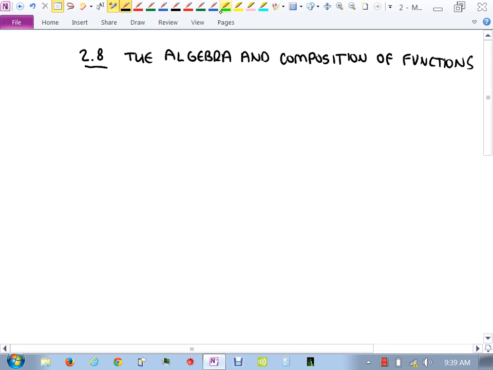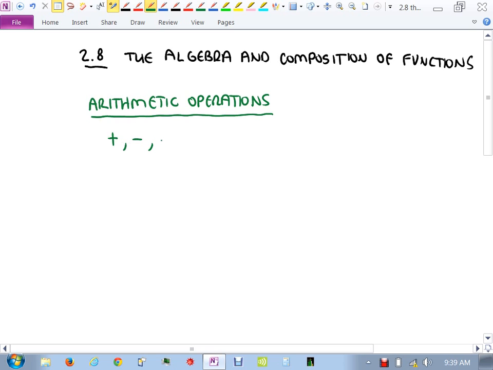Now, here's the way I'll introduce this idea. When you first were introduced to mathematics at a very young age, you were taught about numbers, and about 4 basic operations between numbers. These are called the arithmetic operations: addition, subtraction, multiplication, division.